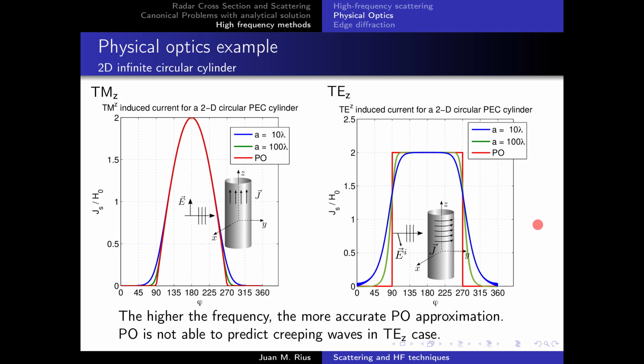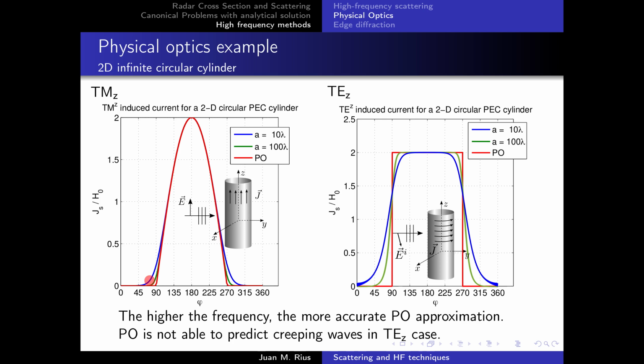Here we have some results. We have the physical optics in red color compared with the method of moments for a two-dimensional circular cylinder, an easy problem, with TM polarization and TE polarization. We have made the computation for two cylinder radii, 10 lambda and 100 lambda.